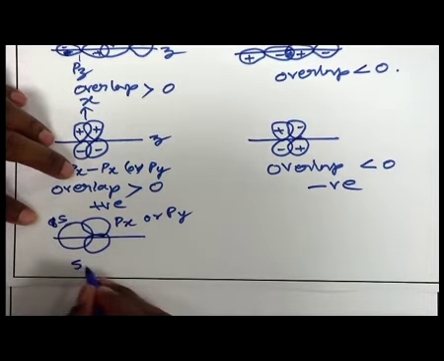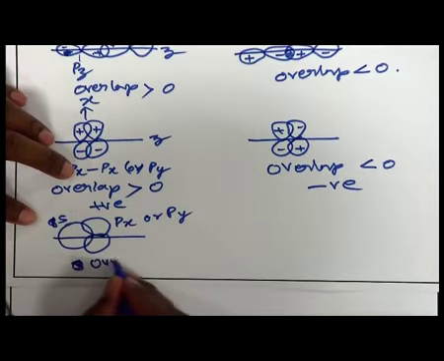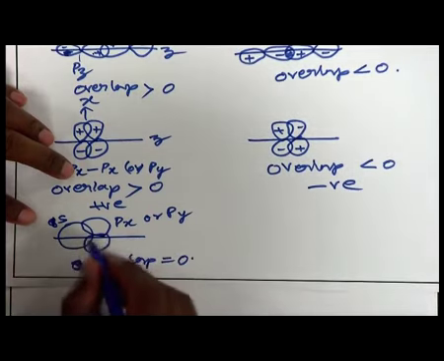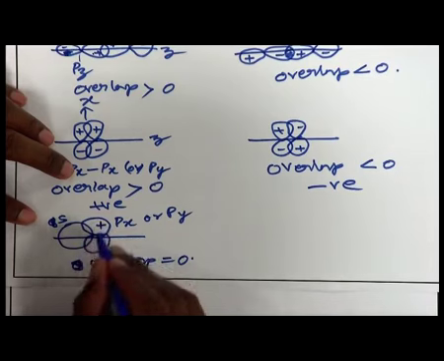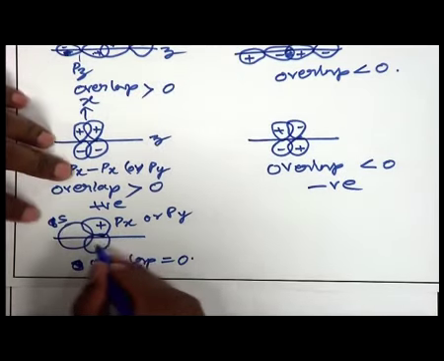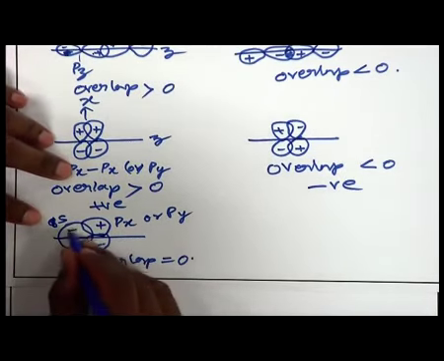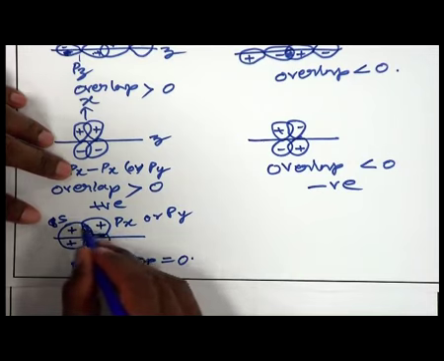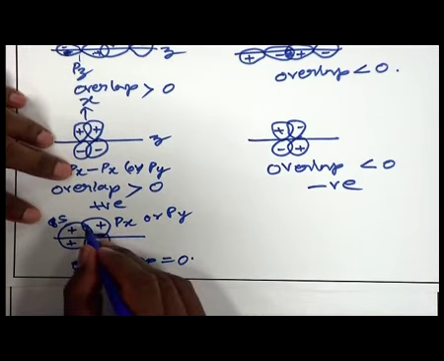Now here the overlap equals 0. Because this is positive, this is negative, and for an s orbital it is positive everywhere. So, here positive, the overlap is greater than 0.